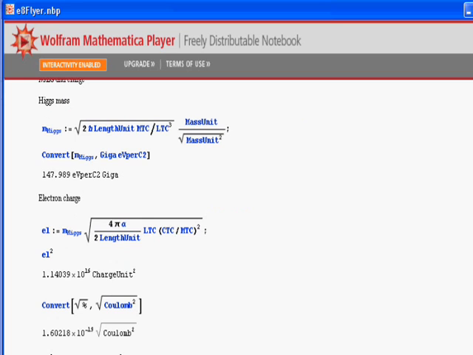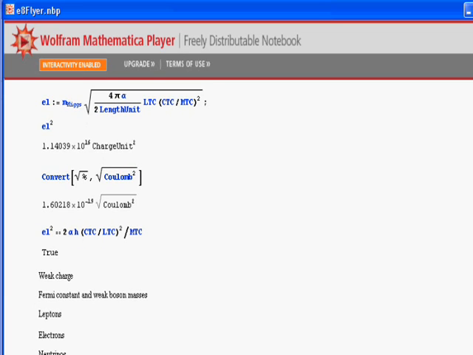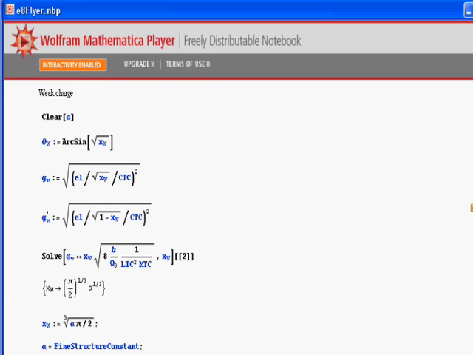Electron charge shown here. The weak charge. We see we can define theta weak, the g and g prime, which are essentially cosine and sine.